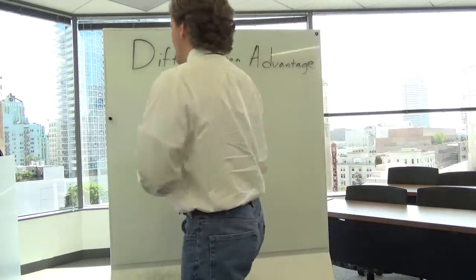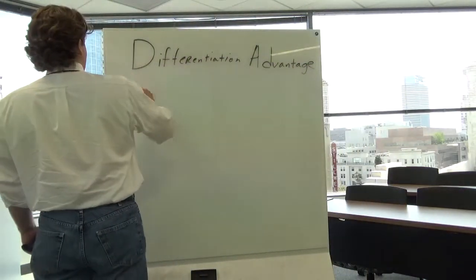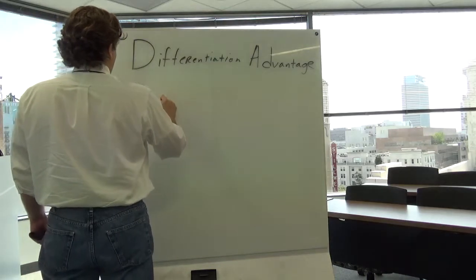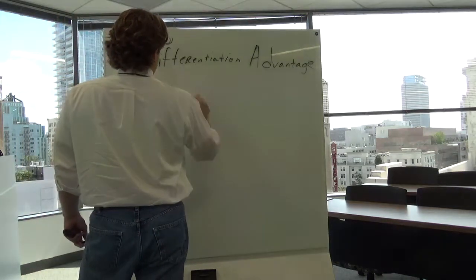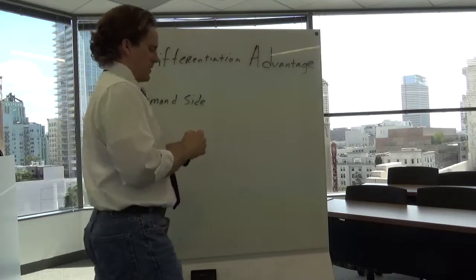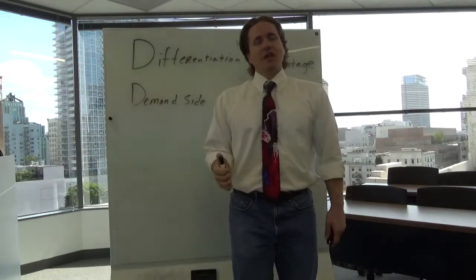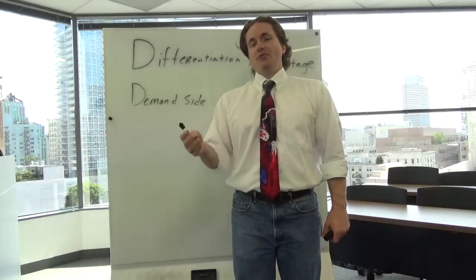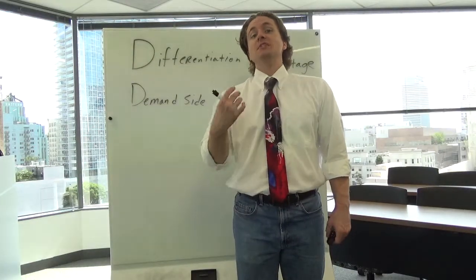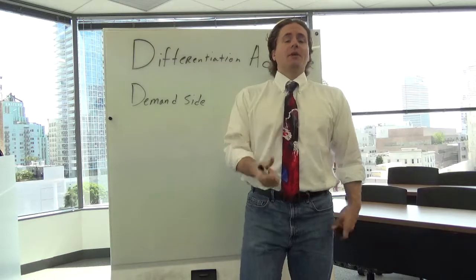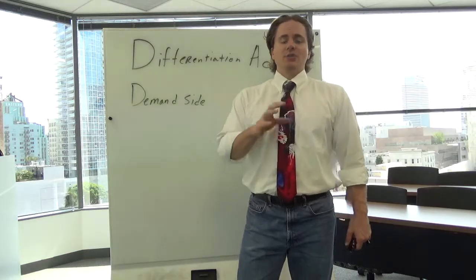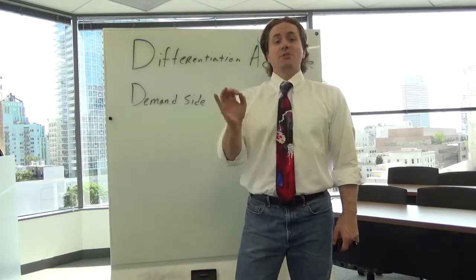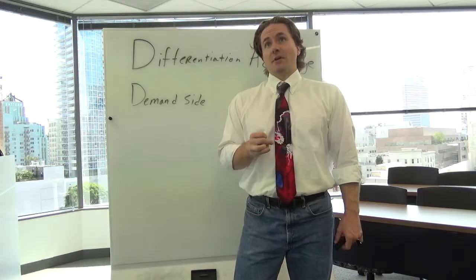Now if we look at the demand side of differentiation, you can try to understand what the product or the customer will define as valuable enough to be differentiated. Looking at the product, does it satisfy some special need that's not already being satisfied?